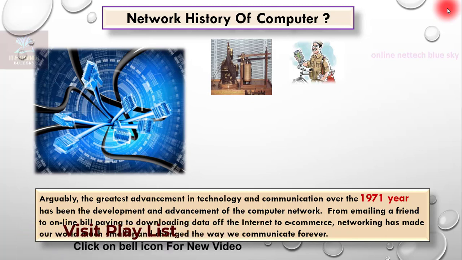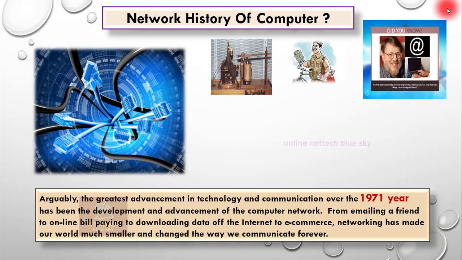It has been the development and advance of the computer network, from emailing a friend to online bill paying and downloading data from the internet. E-commerce networking has made our world much smaller and changed the way we communicate forever. This is the first email, in 1971.